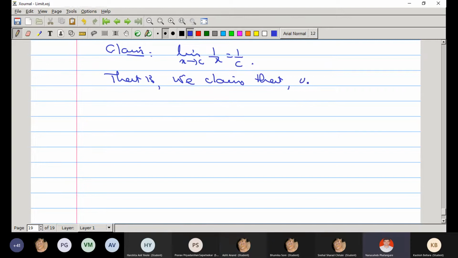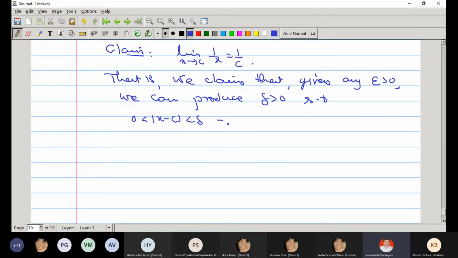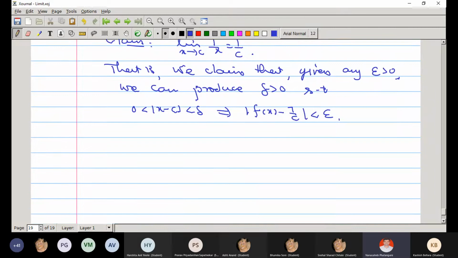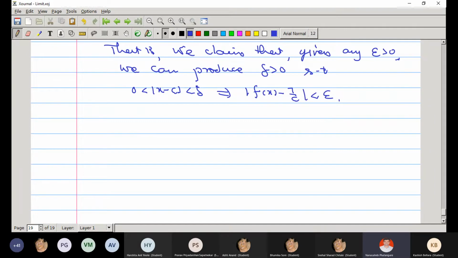So we claim that given any epsilon, we can produce delta such that whenever the distance of x from c is less than delta, then the distance of f(x) minus 1 by c is less than epsilon. So for any epsilon, if we are able to produce delta, then we are done.